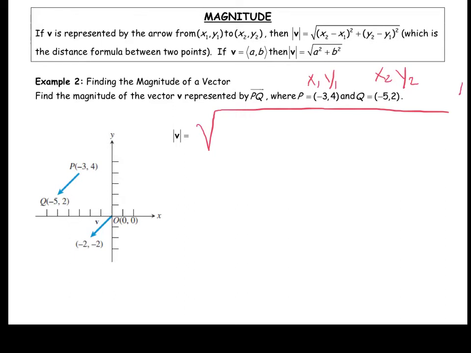So let's see, my x2, negative 5, minus a negative 3. I'm going to square that whole thing, plus y2 minus 4, this was your y1, squared. See if I can do this one right.